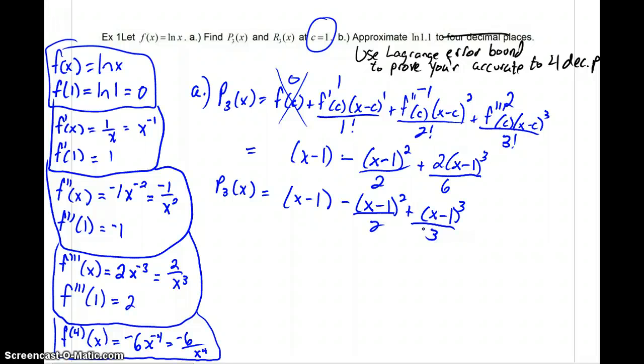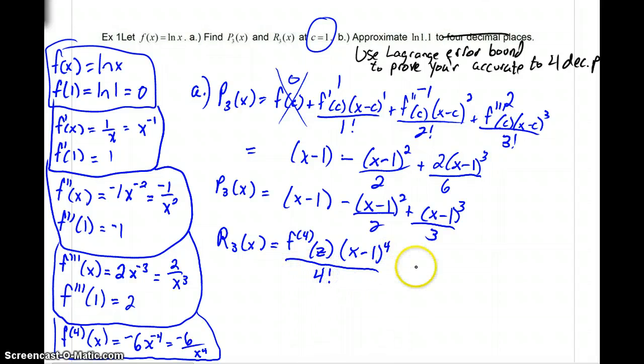Well, real quickly we could say, what about the Lagrange error bound? Well, the Lagrange error bound is going to be the fourth derivative evaluated at z, remember. Remember, that's evaluated at z, and we're going to say x minus 1 to the fourth, we're going one step beyond, divided by 4 factorial.